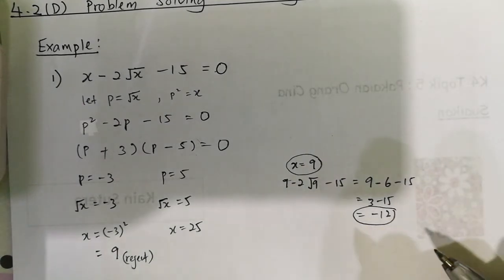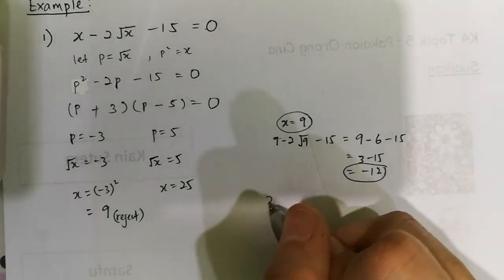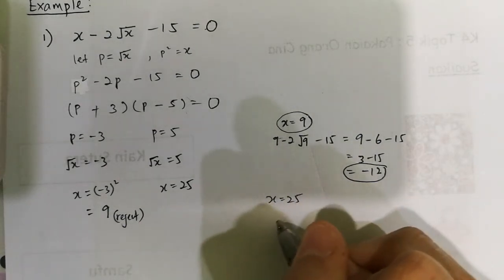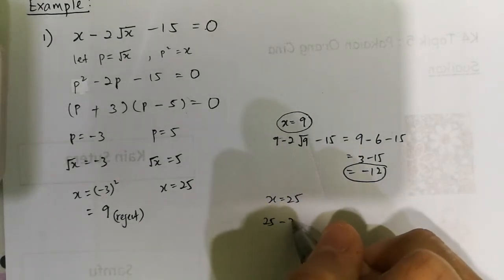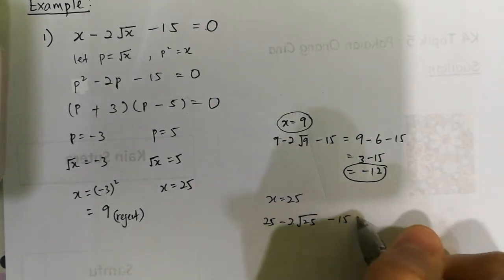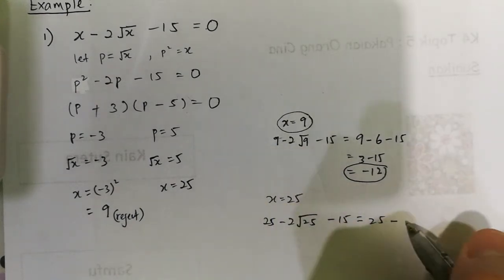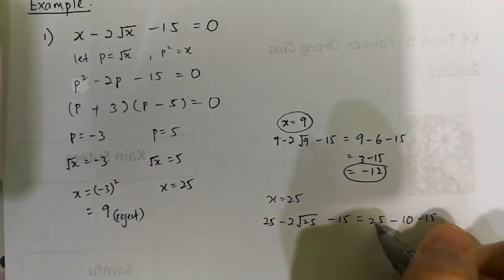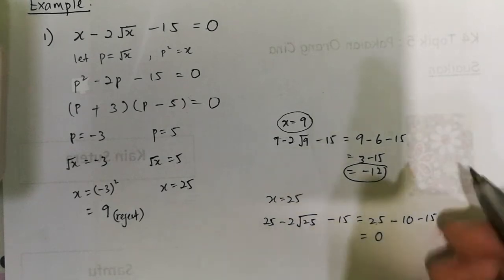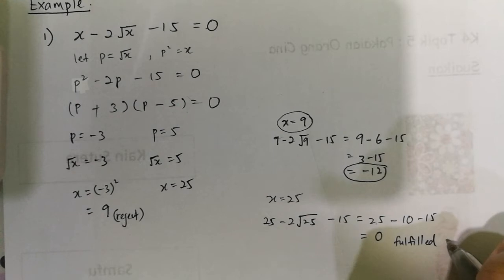So we reject x equals to 9. But if we try x equals to 25, you see 25 minus 2 root 25, it will equal 25 minus, this one is 5, 5 times 2 is 10. So 15 minus 15 is 0. So it fulfilled the equation.